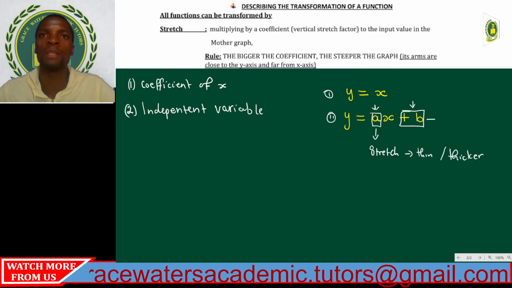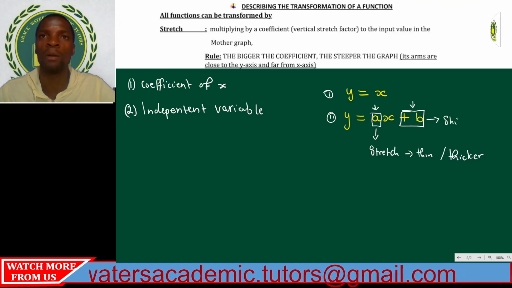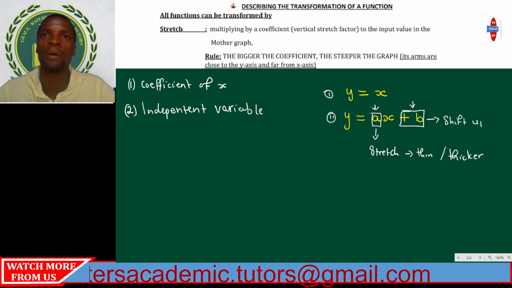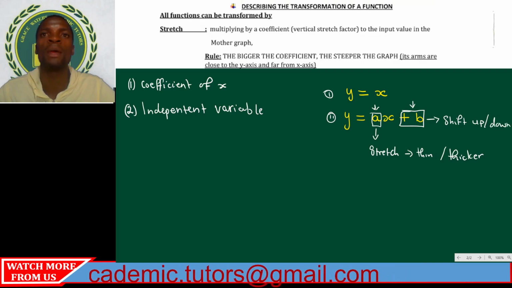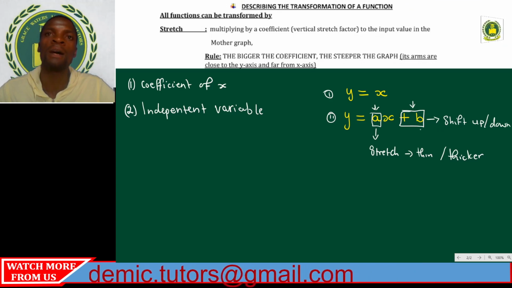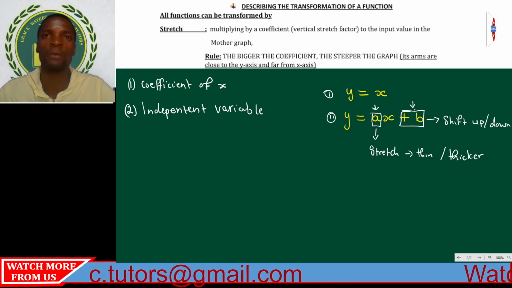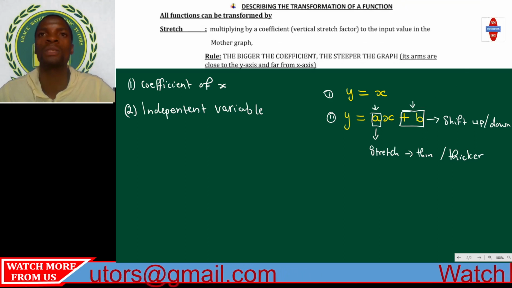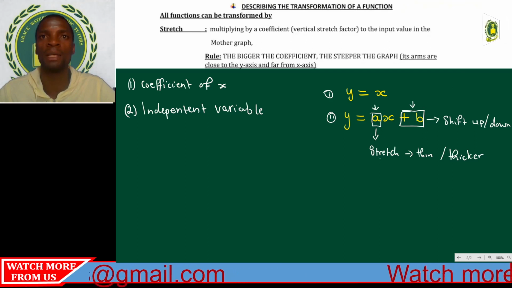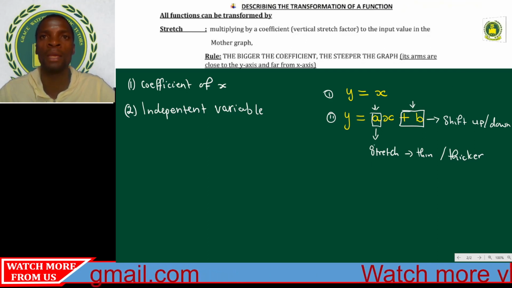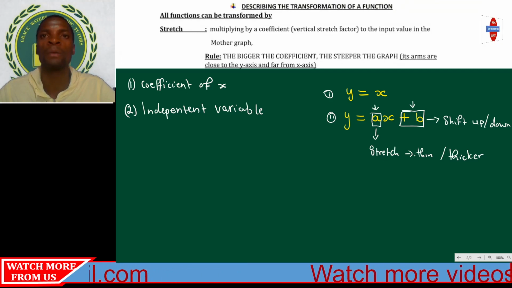The influence of B to our mother graph is that B will shift our mother graph up or down. Okay, so we are doing all these transformations along which side of the graph. I want you to notice that when A gets big or when A gets smaller, we have these rules.